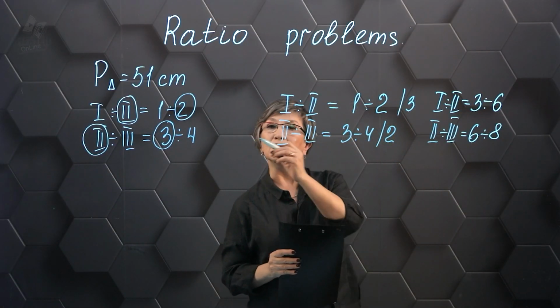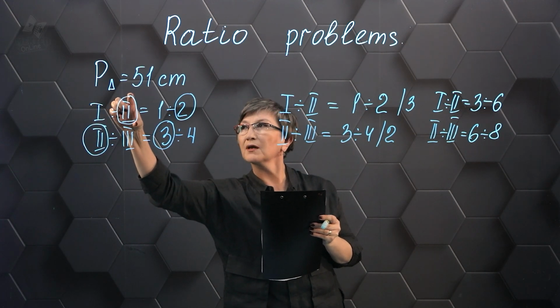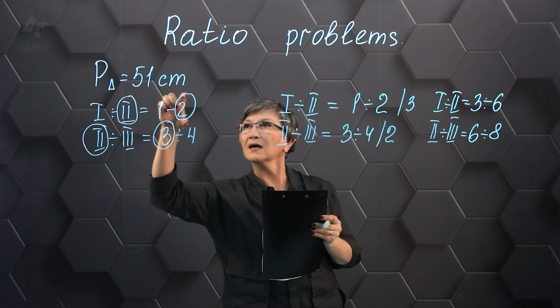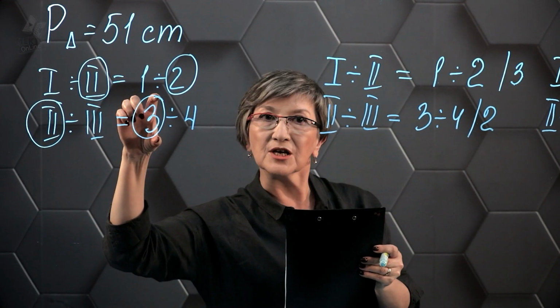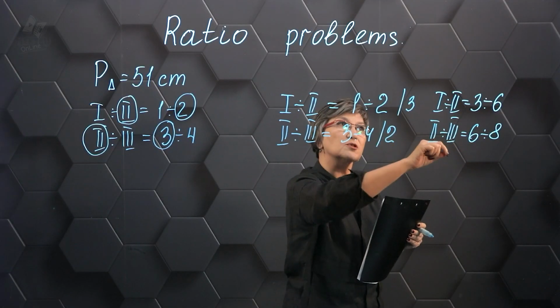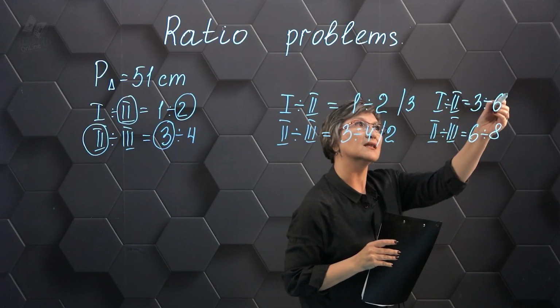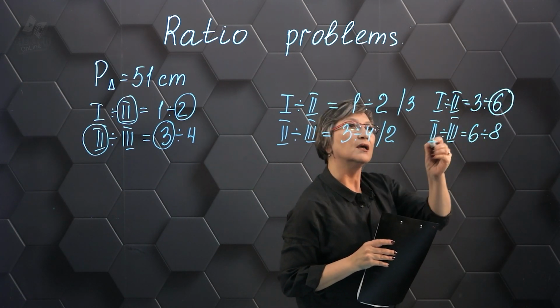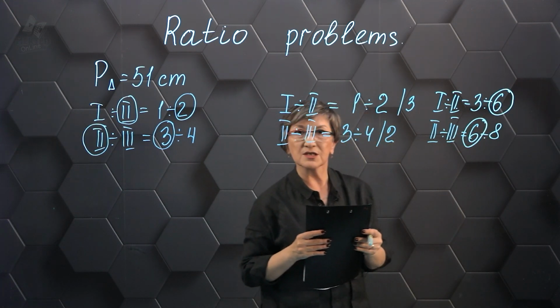And then pay attention. In the first condition, I had the second side as 2 parts. And in the second condition, the second side is 3 parts. And in our case, we got that in the first condition, the second side is 6 parts, and in the second condition, the second side is also 6 parts.